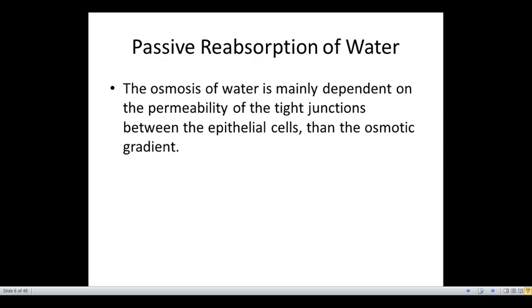The osmosis of water is mainly dependent on the permeability of the tight junctions between the epithelial cells rather than the osmotic gradient.